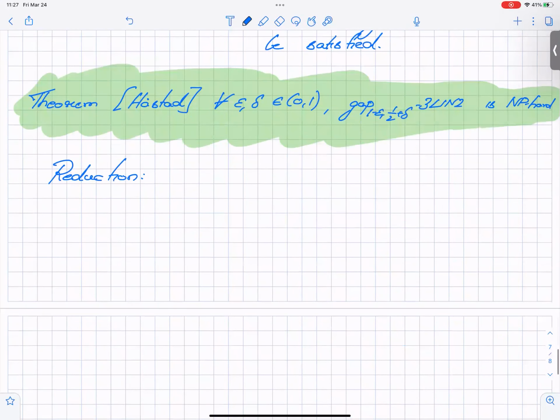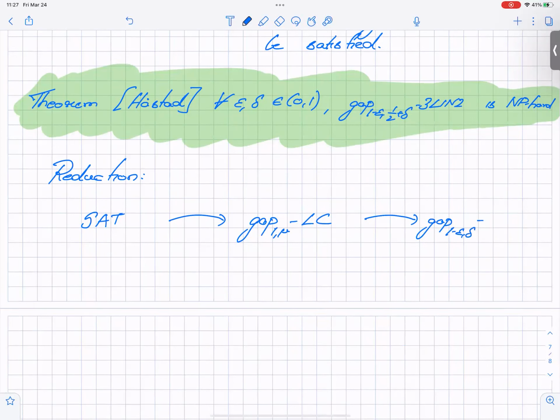This reduction will be from SAT, but then it will go via first gap (1, mu) label cover, and basically we will show for all epsilon, delta there exists a mu such that the reduction holds.